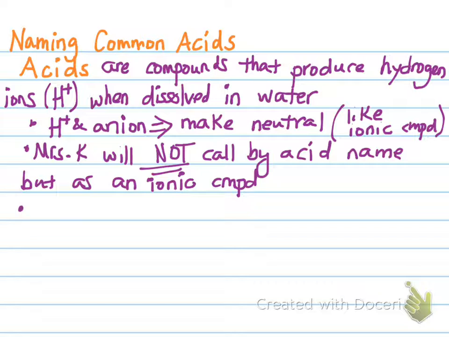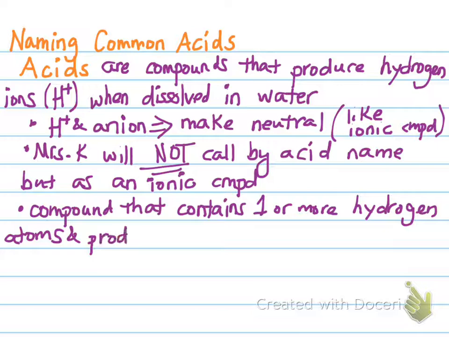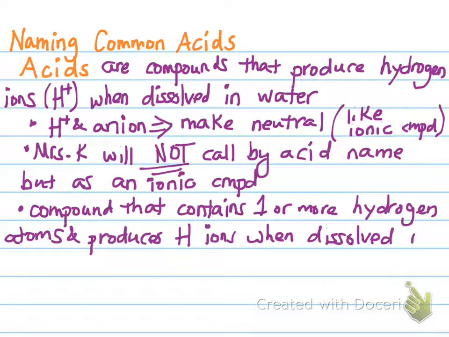Another way to define an acid is to say that it is a compound that contains one or more hydrogen atoms and produces hydrogen ions when dissolved in water.